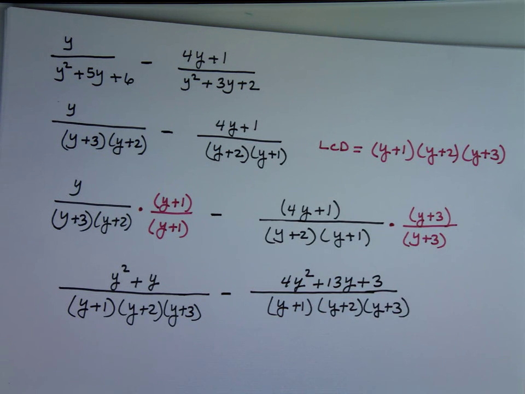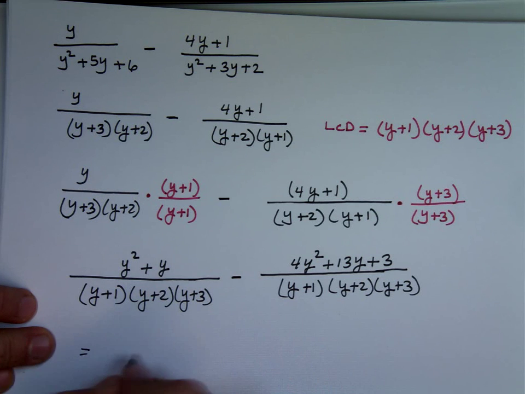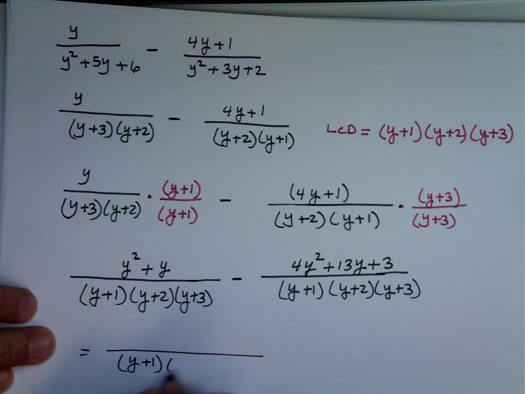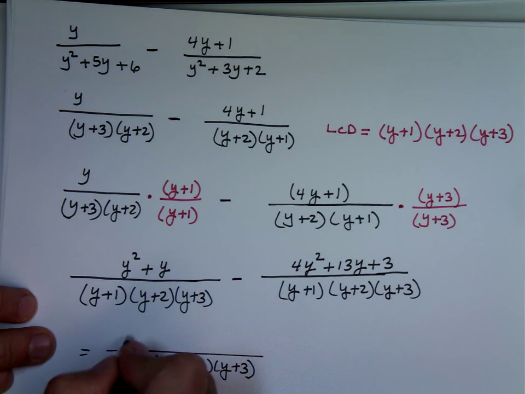Now notice these are the same. We can make it one fraction. Y squared plus 4y squared, that's 5y squared. Y plus 30, oh, my mistake, that's a minus.